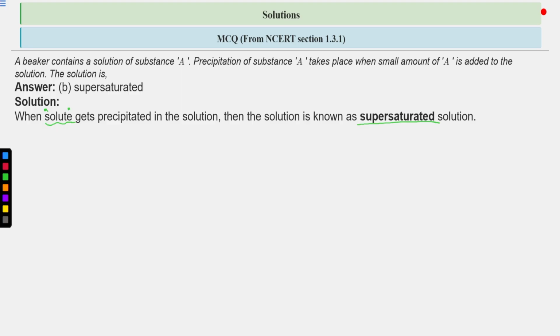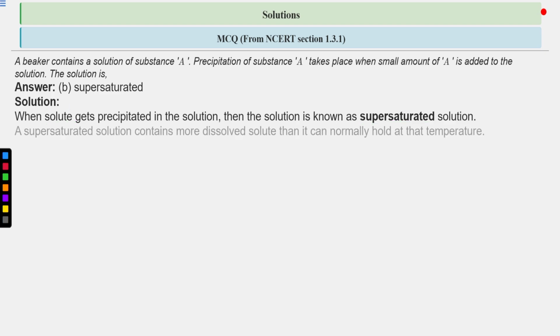That means the solution is more than saturated. A supersaturated solution contains more dissolved solute than it can normally hold at that temperature. That's why it starts to precipitate, right?